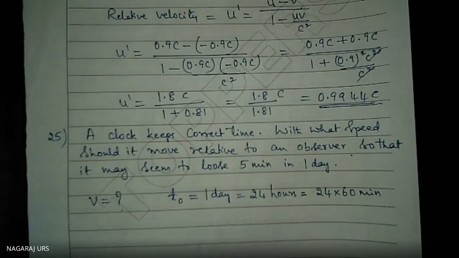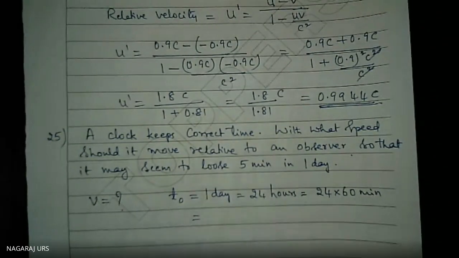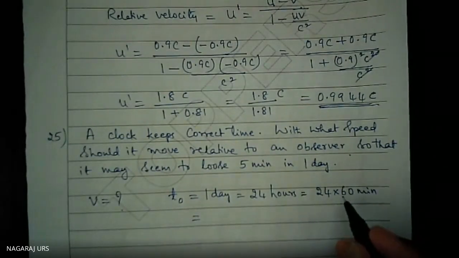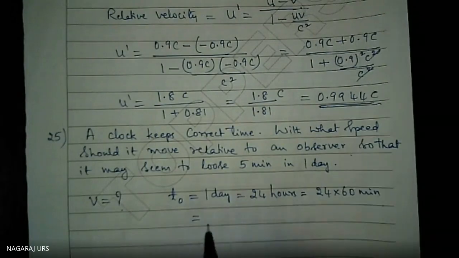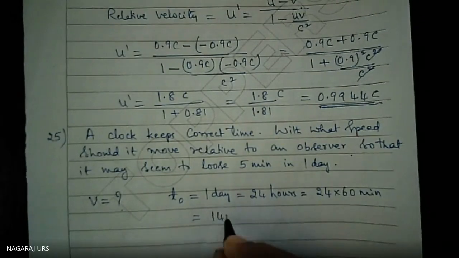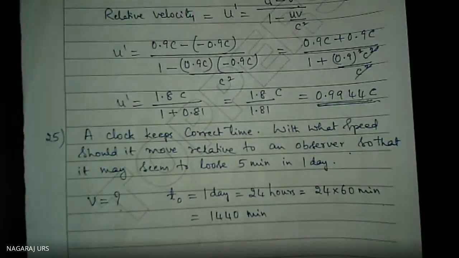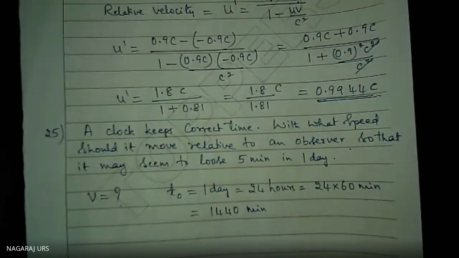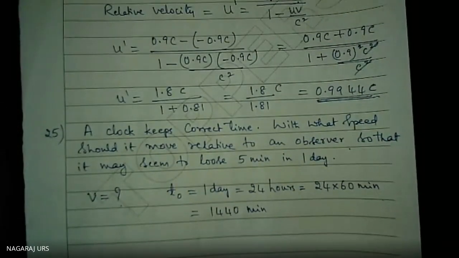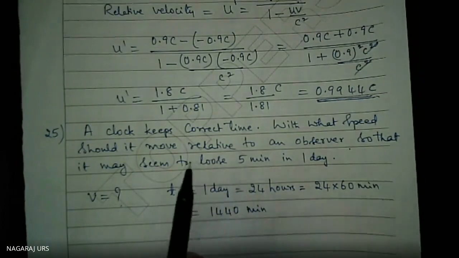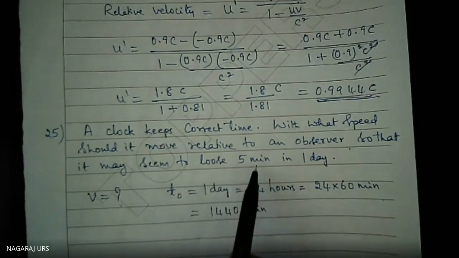Right. So therefore, T naught is equal to how much? Is it correct? Check it out. So one day has been converted in the form of minutes, 1440 minutes. Okay, it has lost 5 minutes.